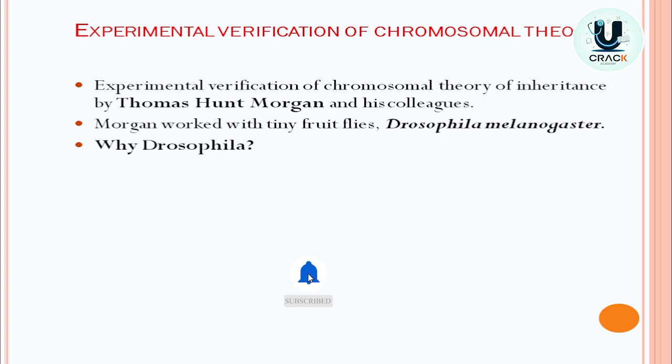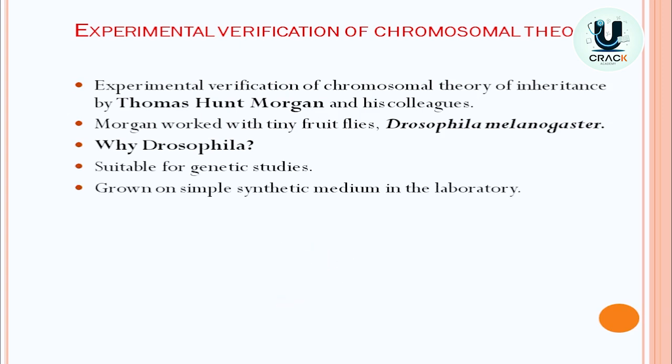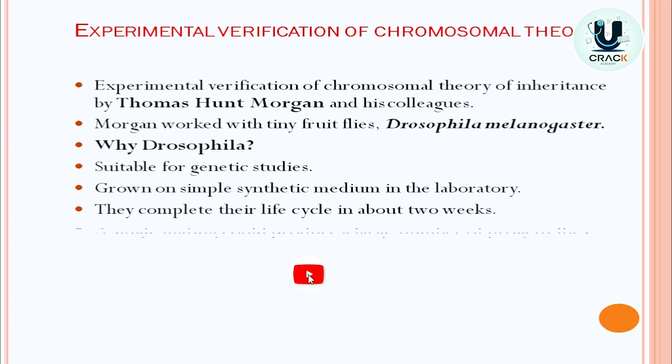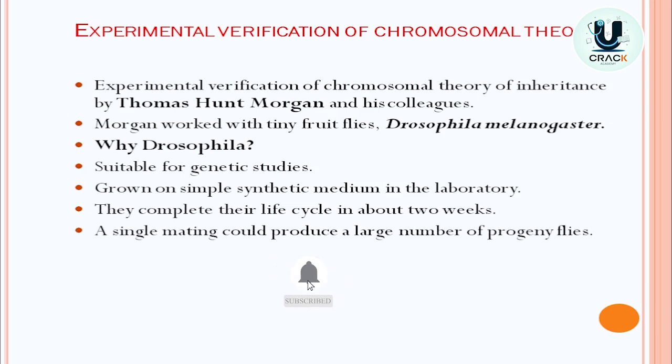Why Drosophila? It is suitable for genetic studies. It grows on a simple synthetic medium in the laboratory, the complete life cycle is only 2 weeks, and a single mating produces a large number of progeny flies.